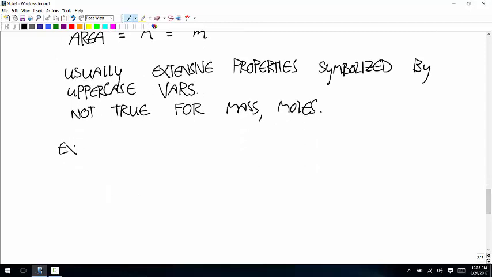So here are some extensive properties that we're going to see often.